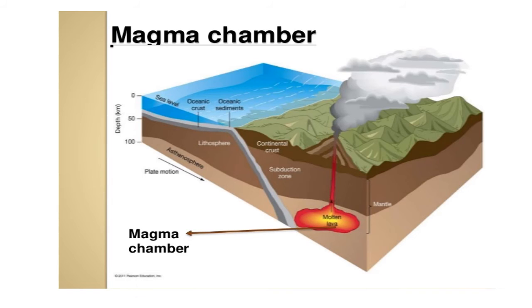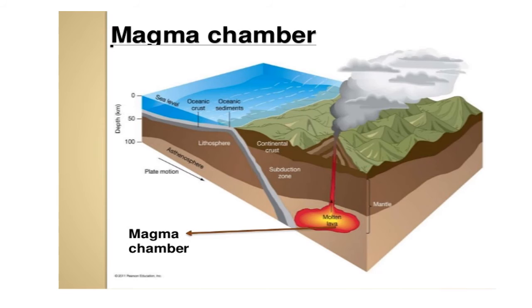Several earthquakes occur in various places on the earth every year. Children, you know about earthquakes. Mainly earthquakes occur due to the emission of energy from radioactive elements which are present inside the earth.